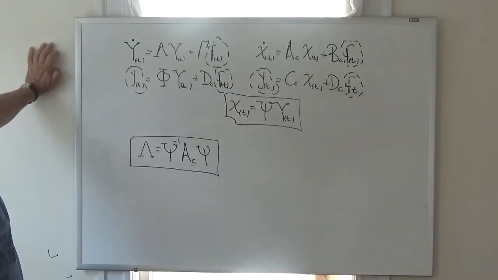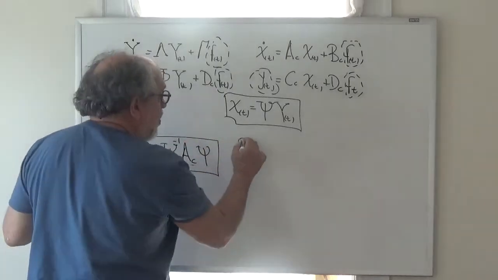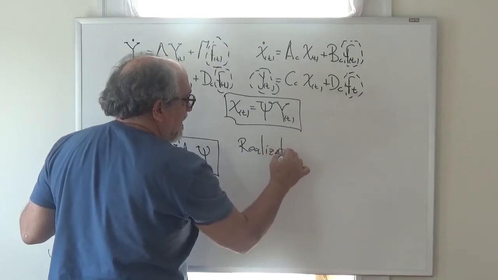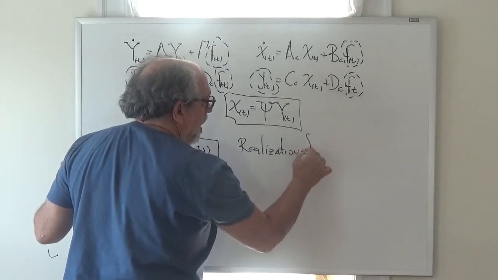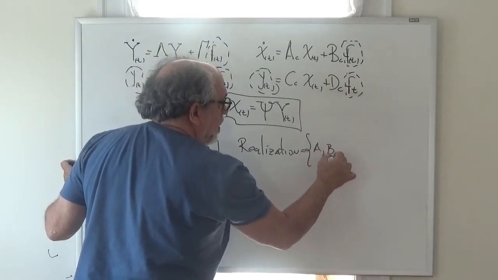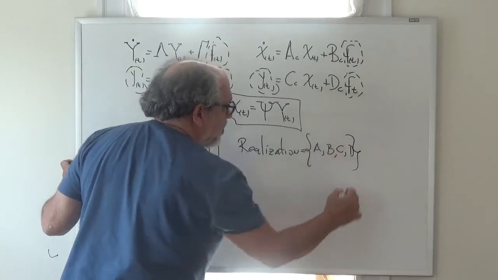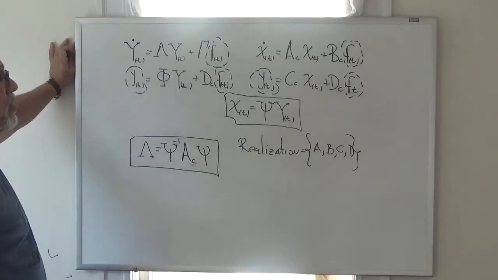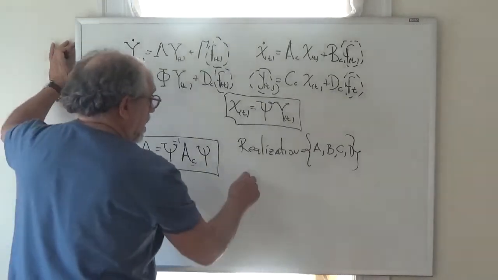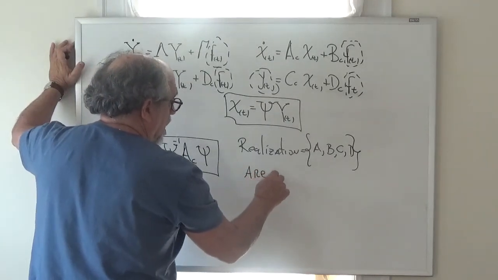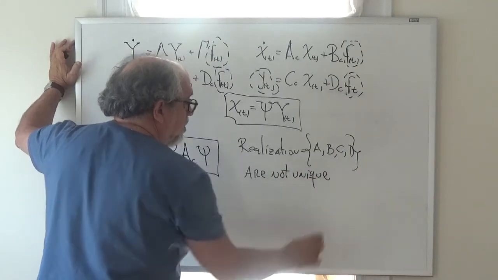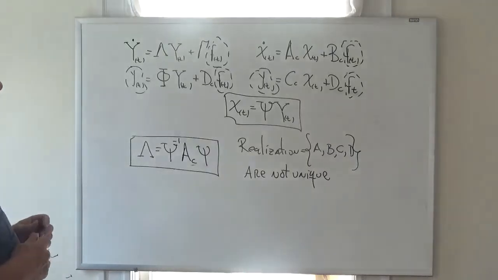Therefore, the matrices of a realization (by a realization we mean A, B, C, D with the appropriate subscripts, discrete time or continuous time) are not unique. Okay? They're not unique.